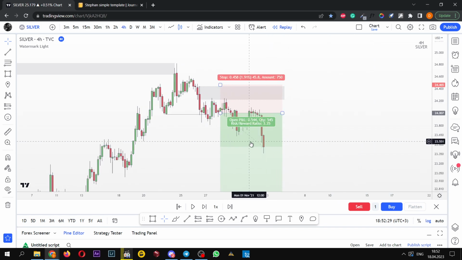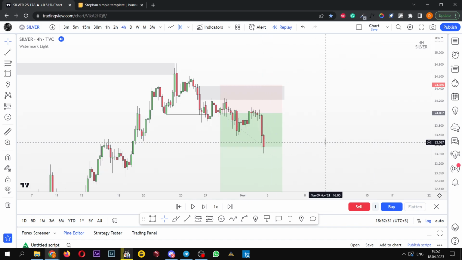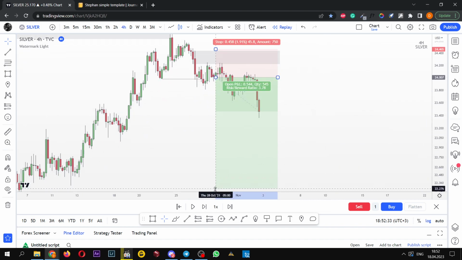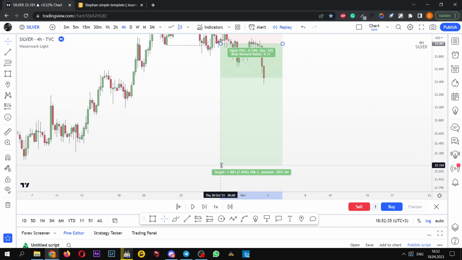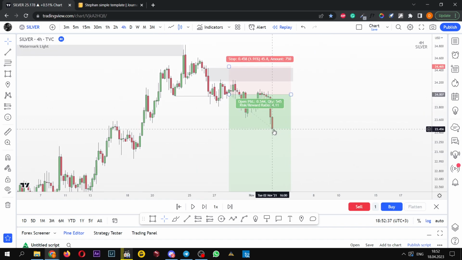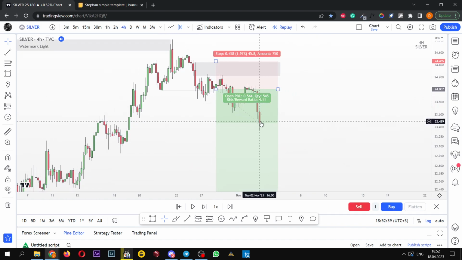So at this point, you can decide either you want to go break even, or you can play with the price. In real time, I would move my stop loss to this point.